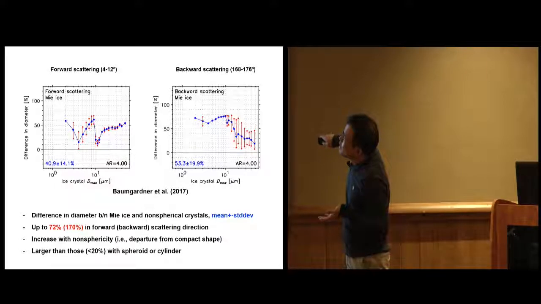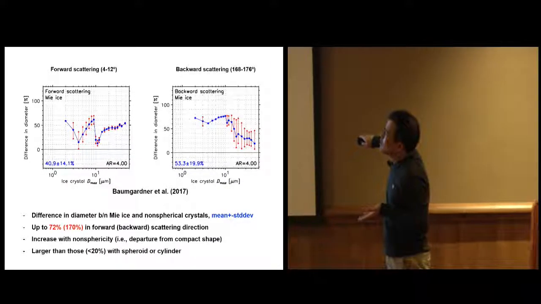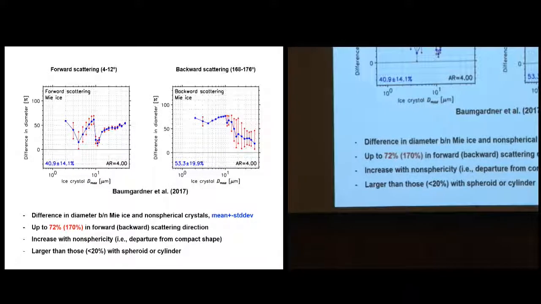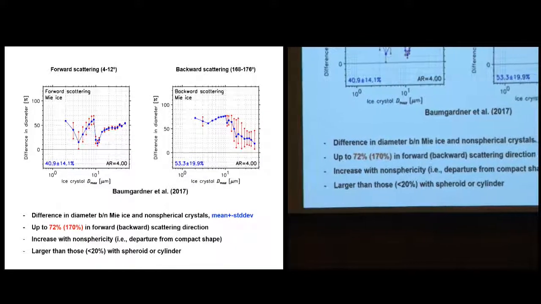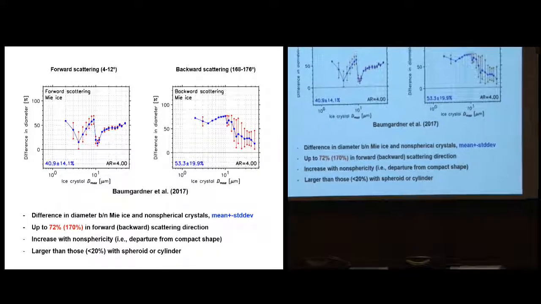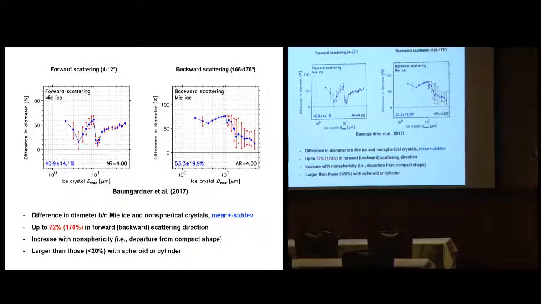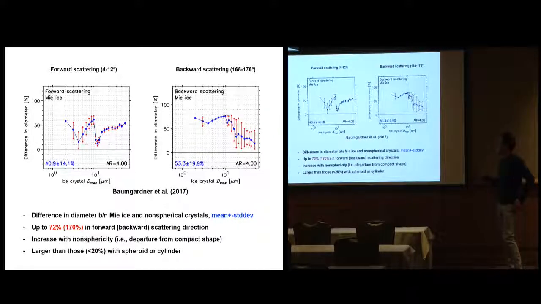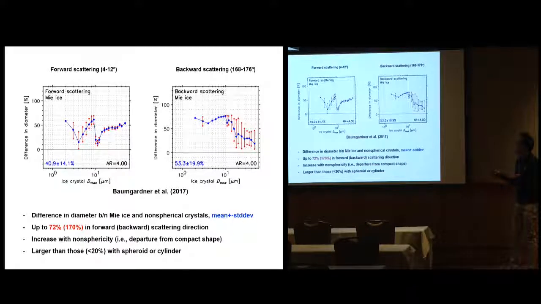This blue dot is the average error for a given size, and the red dots are maximum and minimum errors when multiple solutions are possible. These two figures are for specific shapes of ice crystal, hexagonal shapes with an aspect ratio of 4.